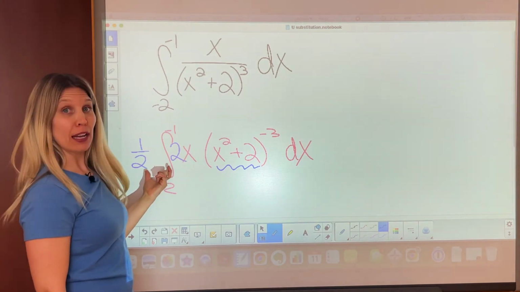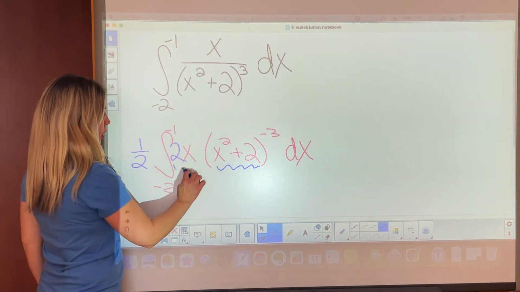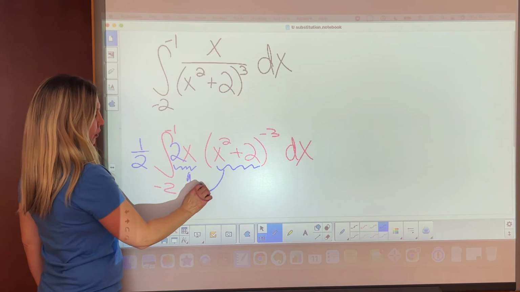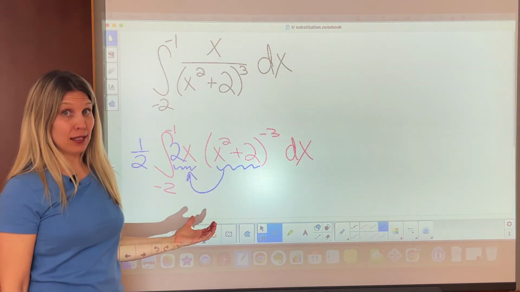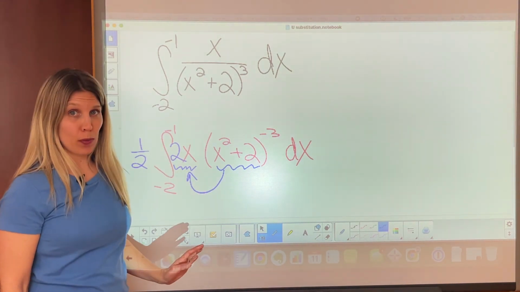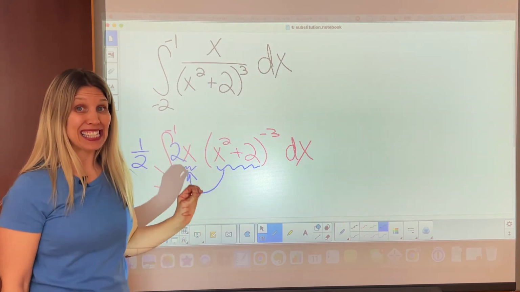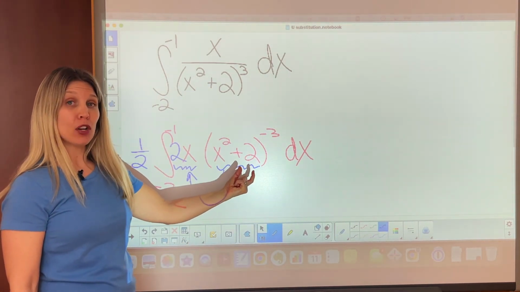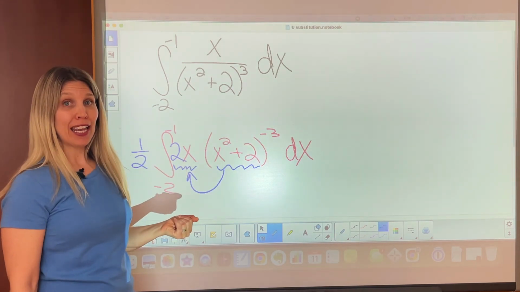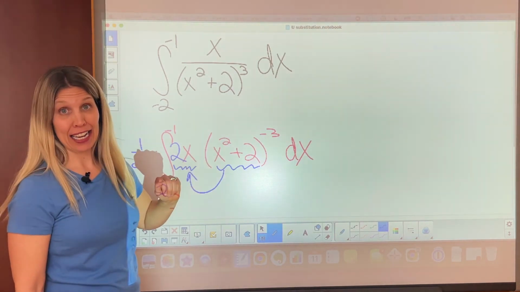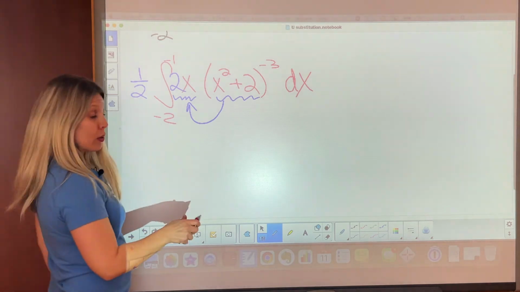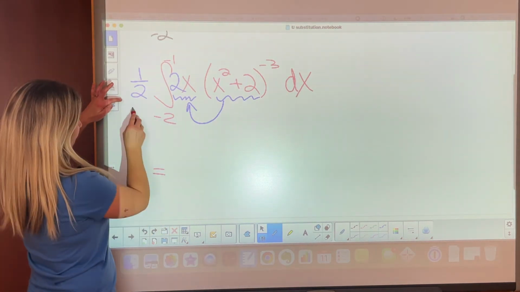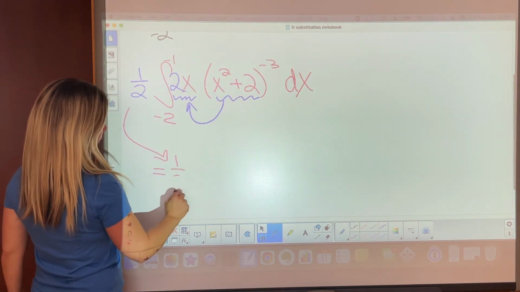This right here is a magic 1, which in turn gives you the derivative of your inside piece, which will not show up in your answer, but it has to be there for you to integrate this guy. So now from here, all we have to do is regular integration by adding an exponent. Let me show you. So when we integrate, the 1/2 is going to come down and join us.